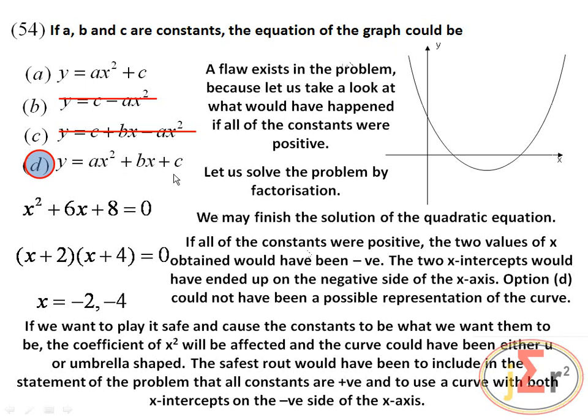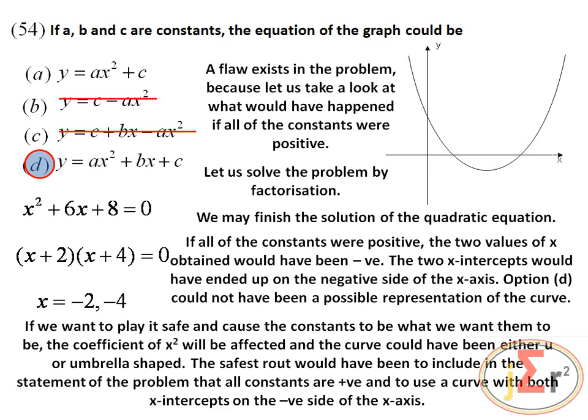But if b and c can be of any sign, then we are actually doing the right thing, because then the curve could cross anywhere: both intercepts on the negative side of the x-axis, or both on the positive side, or one on either side.